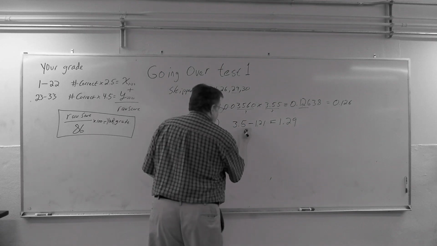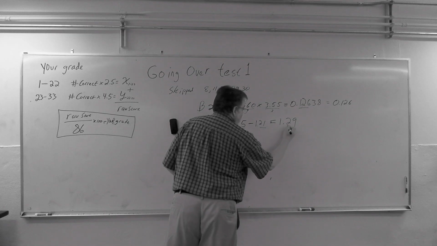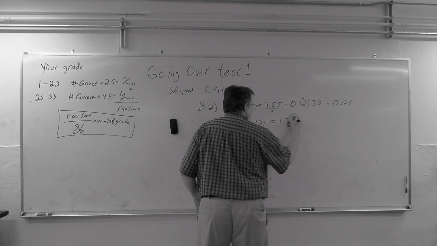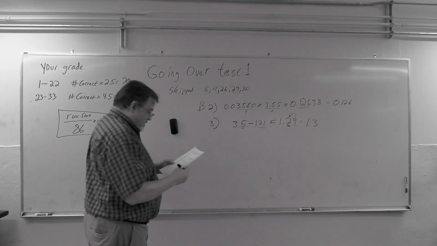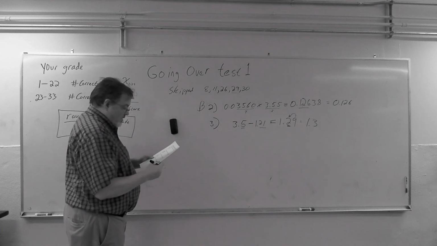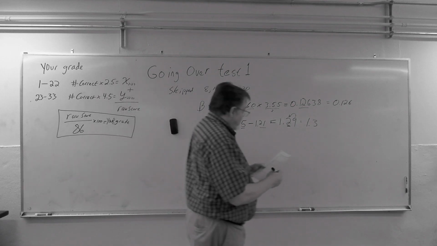This one, there's 1 after the decimal point, there's 2 after the decimal point, so we're keeping 1 after the decimal point. The 9 rounds to 2, 1.3. Supposed to be 2.3.